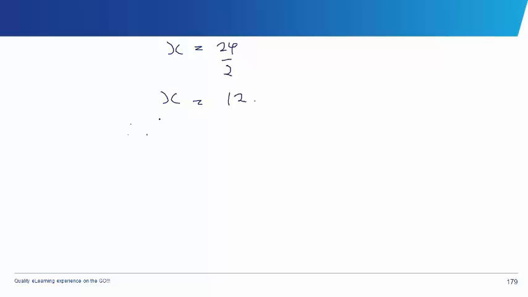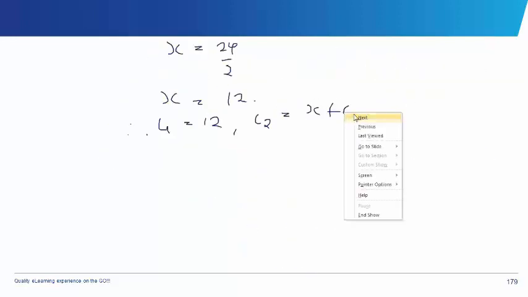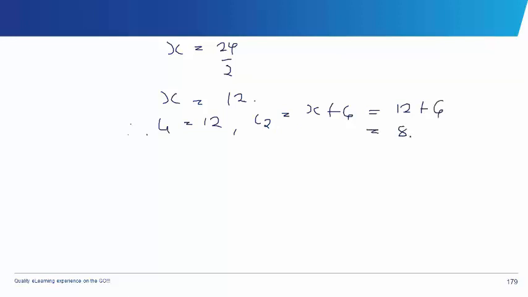So therefore L1 is equal to 12, meanwhile L2 is equal to X plus 6, which is equal to 12 plus 6, 18.